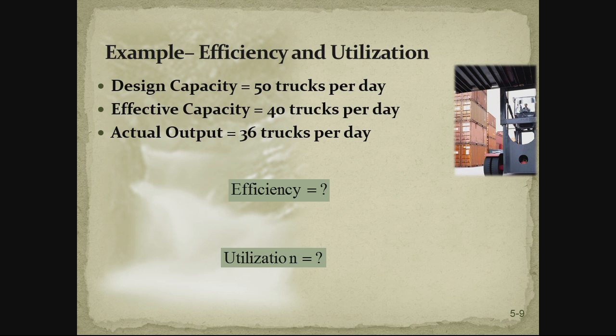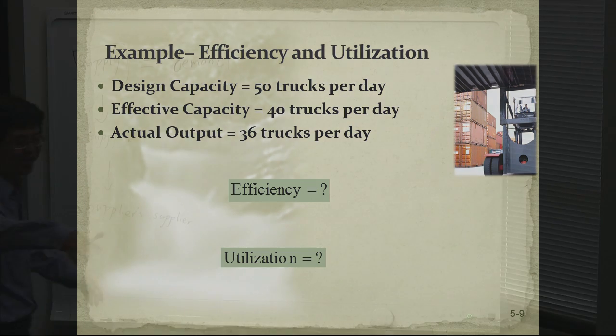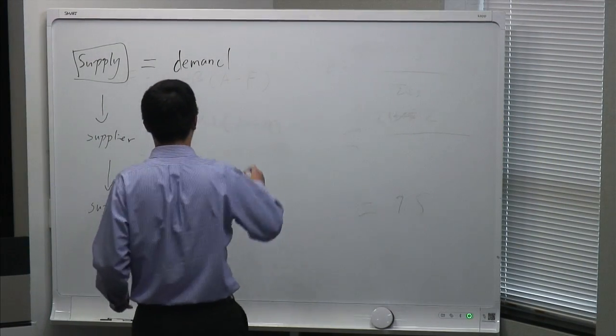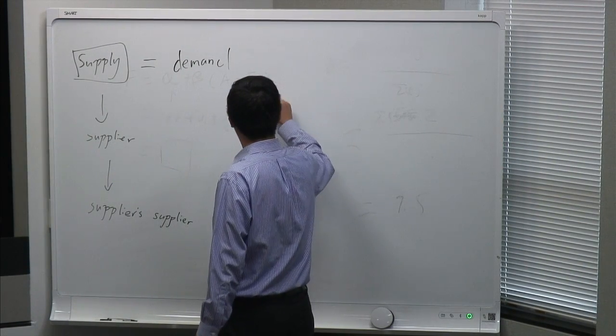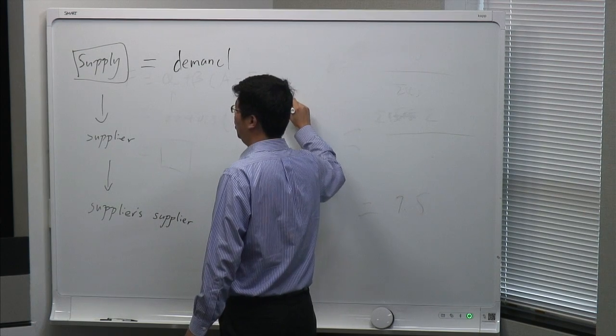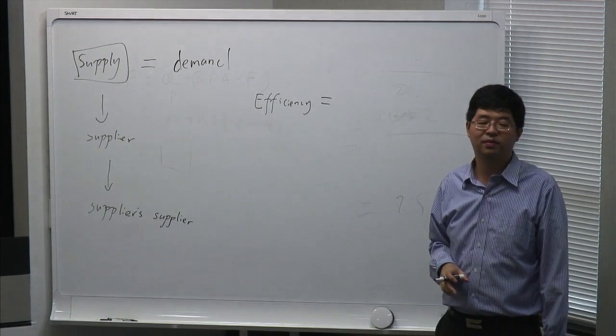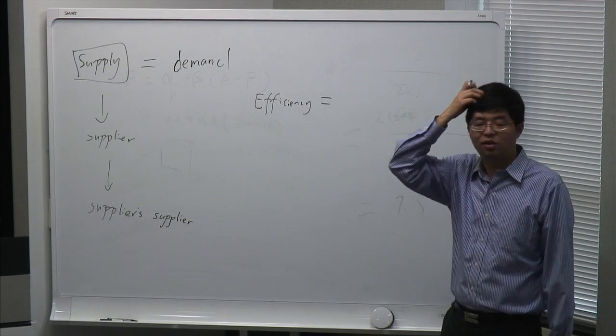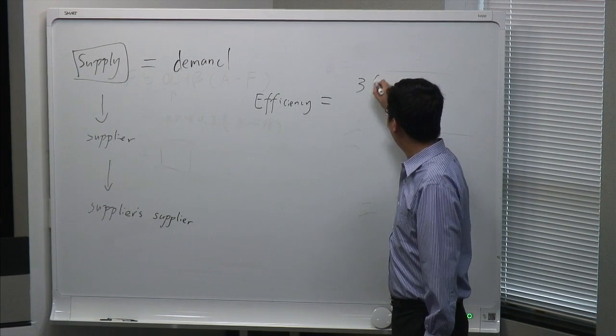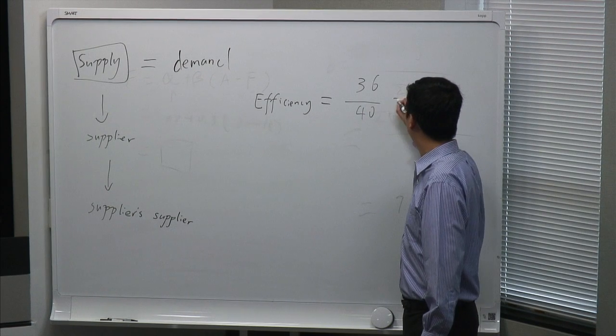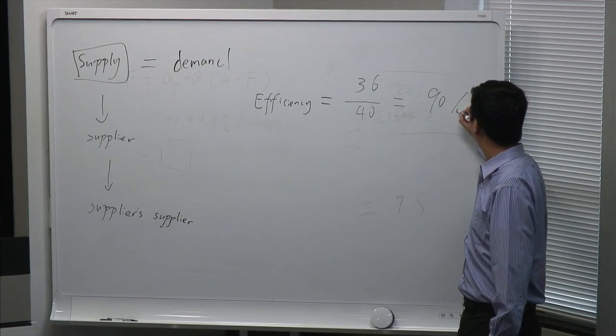Well, I need some elementary school student. I'm just kidding, a college student to help solve the problem. The first one is efficiency, equal to what? Any volunteer? 36 divided by 40, so we get 90%, right?